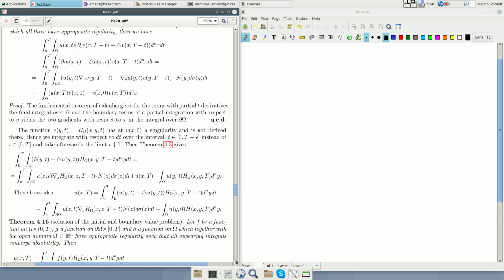Now, if we bring this to the other side and bring all other terms to one side, then this term is equal to this integral here, minus this integral here.